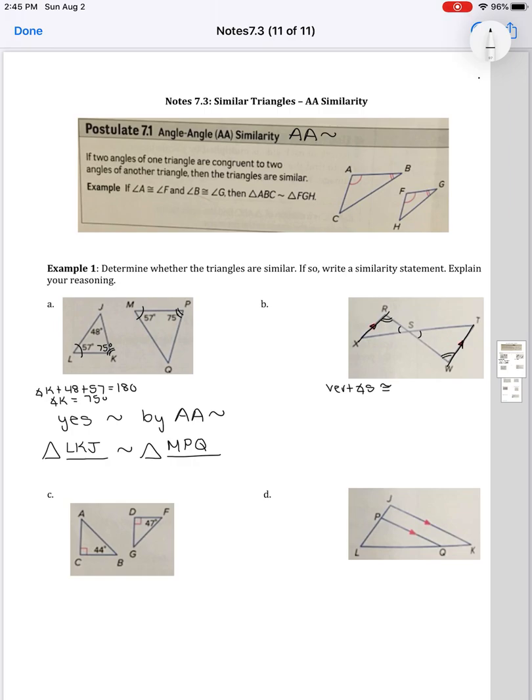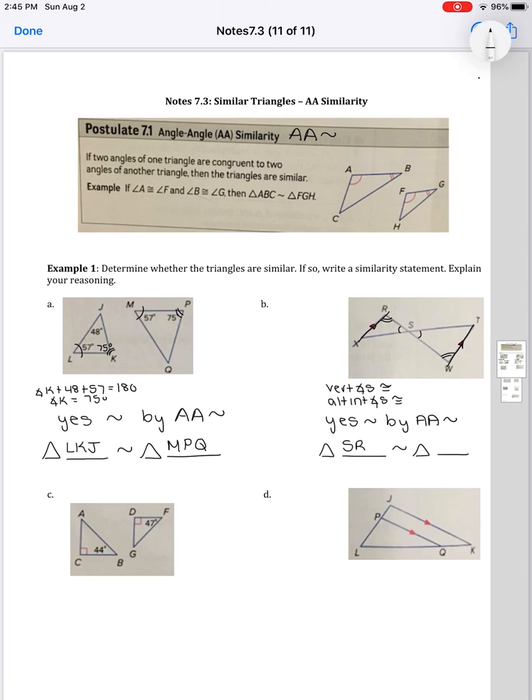There's a reason for that, because if that is parallel, then you have alternate interior angles, which are congruent to each other. So from a diagram that had nothing marked, now we have two angles that are marked.